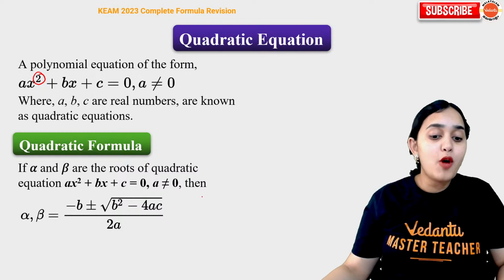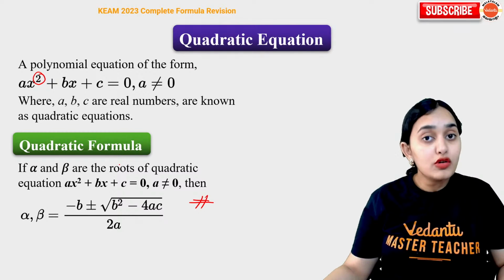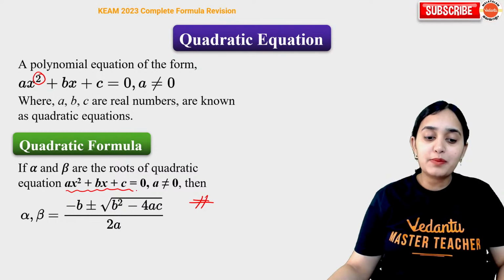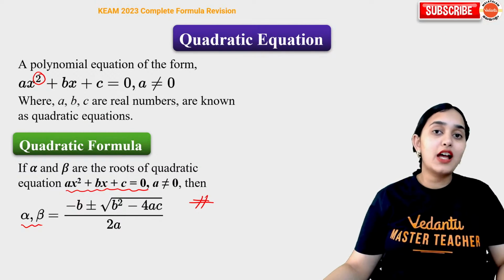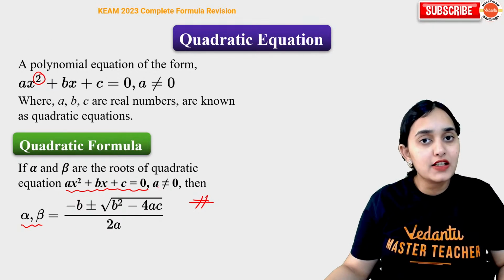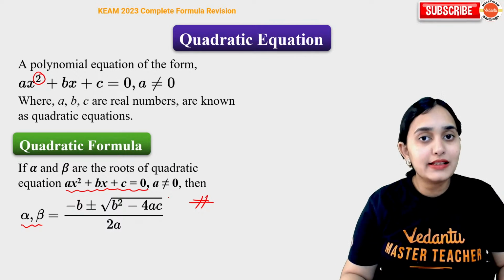Now, the main important formula of this chapter is how to find out roots of the equation. So if your equation is ax square plus bx plus c is equal to 0 format, then the roots of the equation alpha beta are minus b plus minus root over b square minus 4ac upon 2a, right? Where a should not be 0.